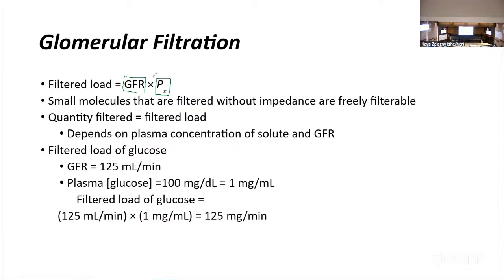Okay. So this is going to depend on how much of that molecule you have in the plasma, as well as on the glomerular filtration rate, right? So this is going to go up if you increase glomerular filtration rate. If you pull more fluid, more plasma, essentially, into a nephron, you're going to be pulling in more of whatever that molecule of interest is.